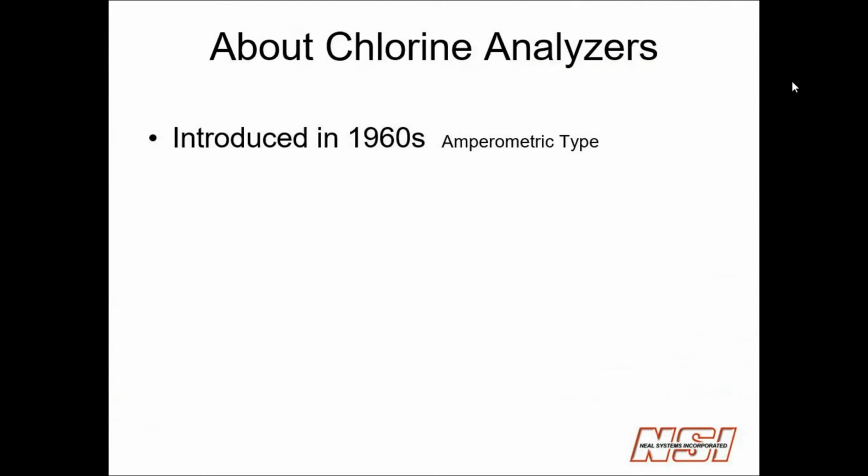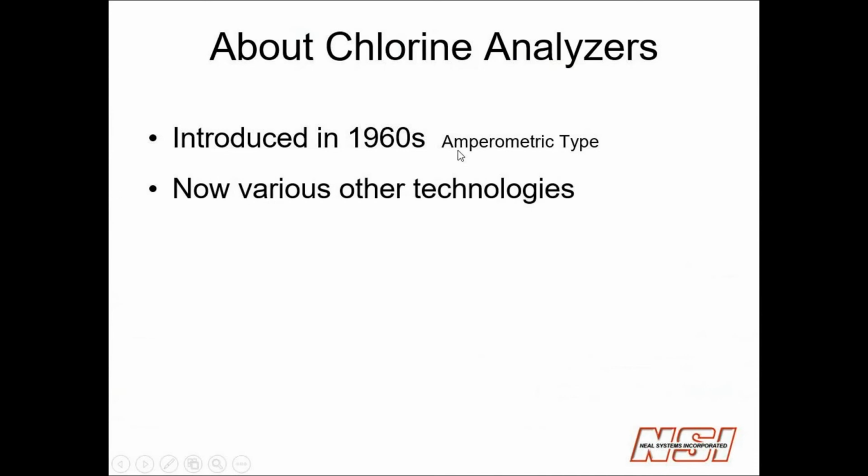So chlorine analyzers were introduced in the 1960s, and the type of analyzer at that time was called an amperometric analyzer. It was actually developed by Capital Controls Company back in the 1960s, and I'll show you that type. There are now a lot of different types of technologies available.